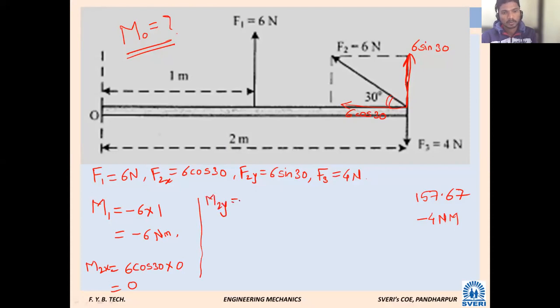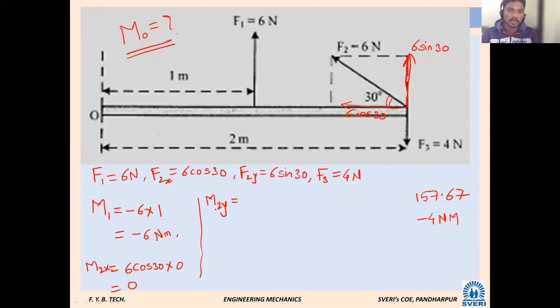Further, M2y. What will that be? What is this moment? The moment due to the vertical component of F2. Very good. So at what point are we supposed to take moment? At point O. And what is the perpendicular distance?